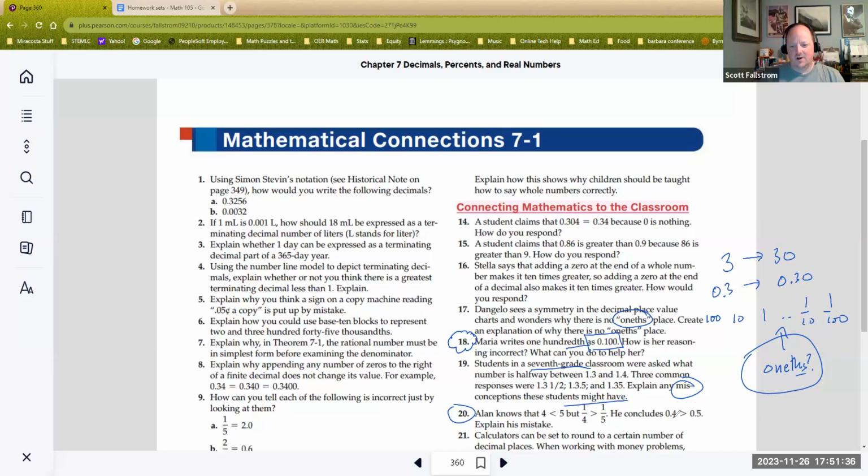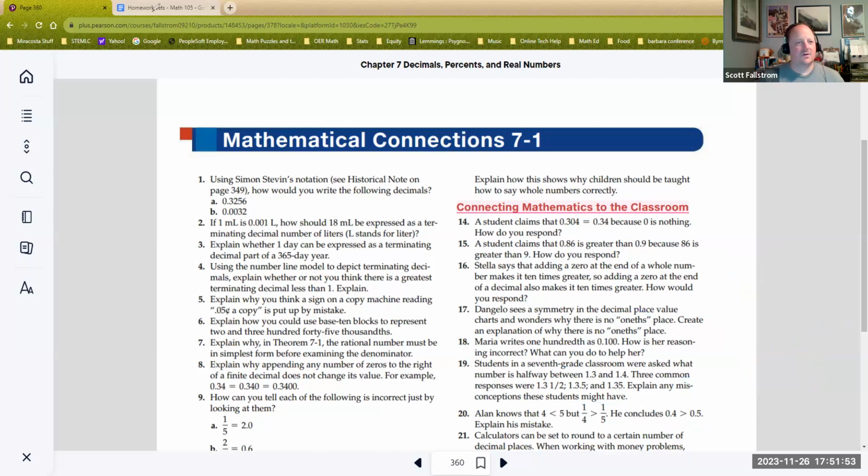So therefore, 0.4 must be greater than 0.5 because these in his mind are fractional numbers. And for a fractional number, the larger the denominator, the smaller the fraction. What is the mistake he is making? And how can you assist Alan? And let's see. I think that might be it, right? Yeah, just through 20.